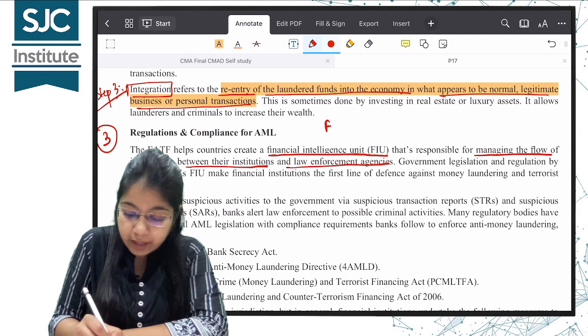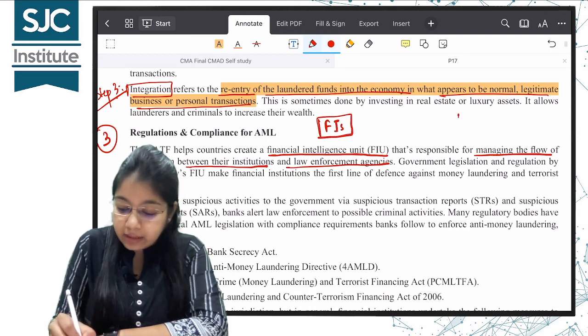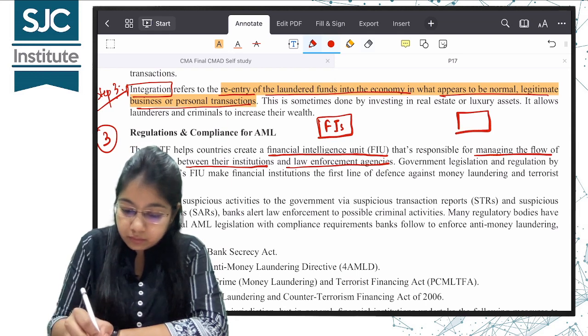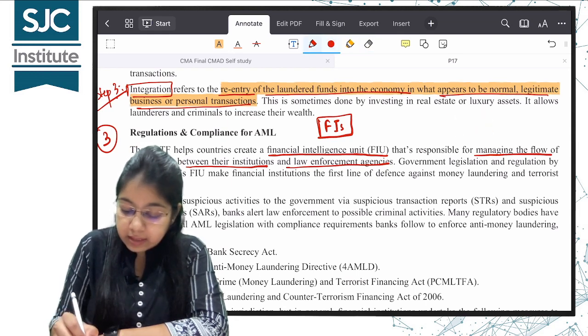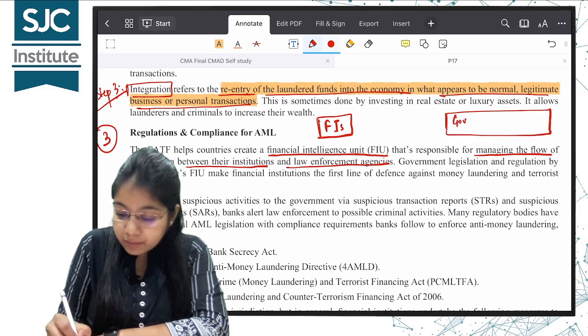Okay, so these are the financial institutions, FIs, not FIUs. And this is say the government or law enforcement agencies.